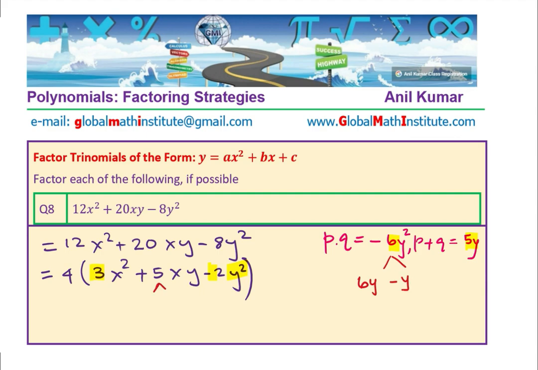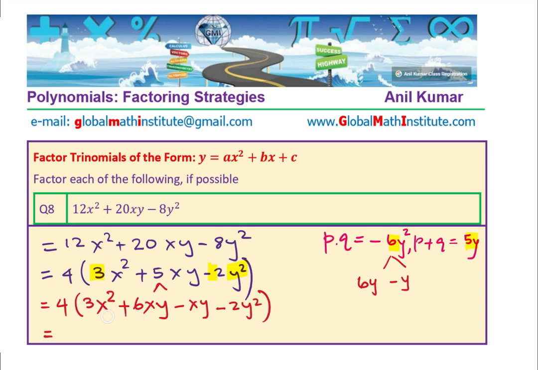So split this into these two numbers, writing this as 3x squared plus 6xy minus xy, right? So we got 5xy, minus 2y squared. Does it make sense?